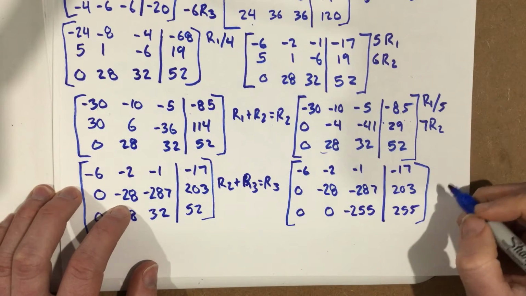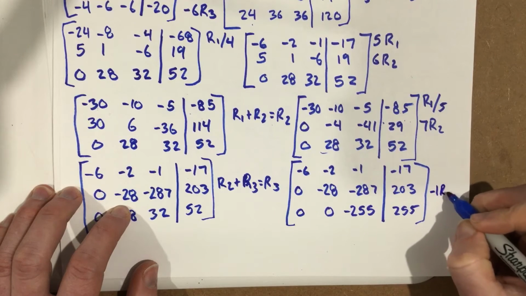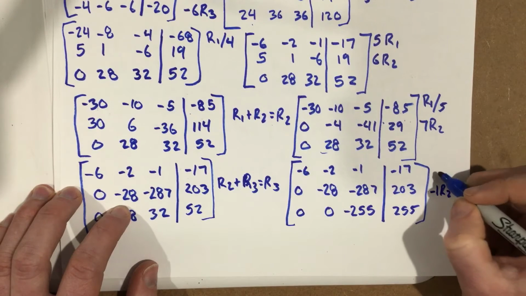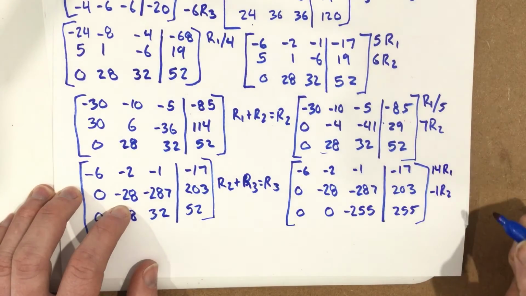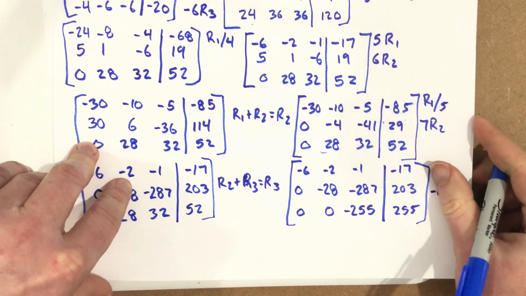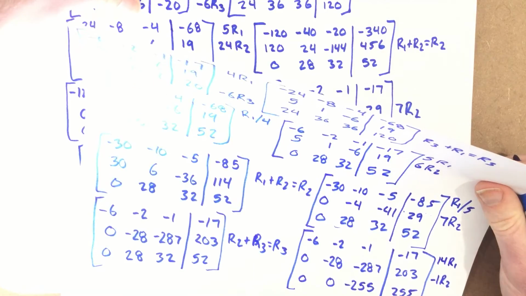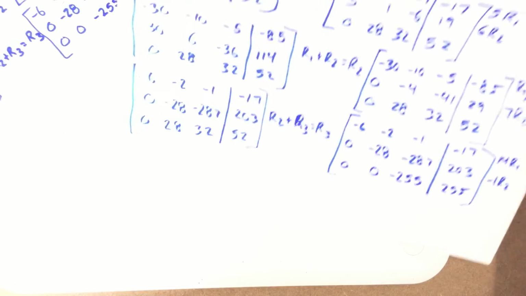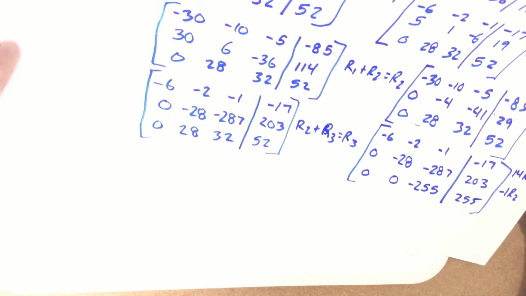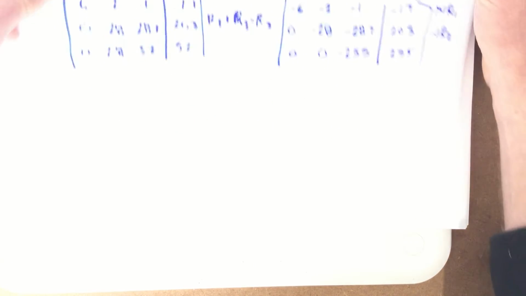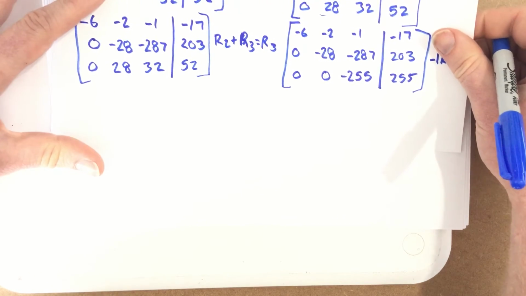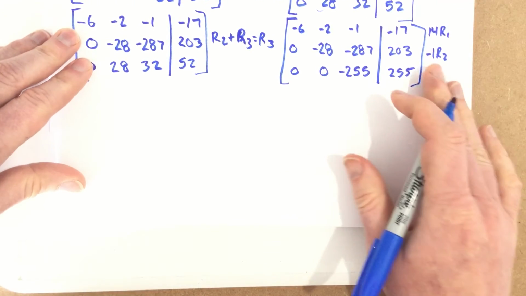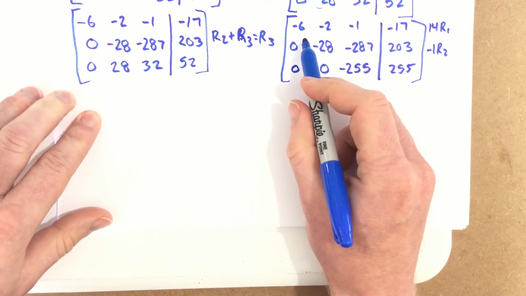So let's just do negative 1 times row 2, and we'll take the 14 times row 1. So we take 14 times the row 1.